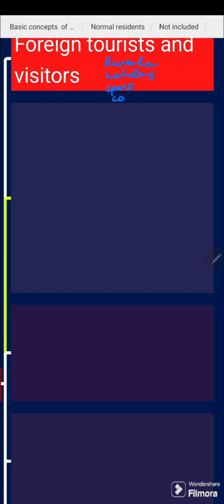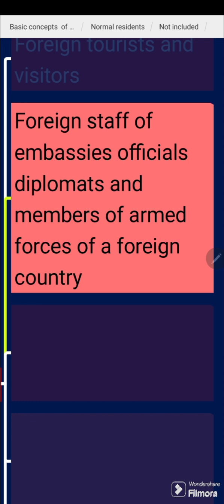If you are visiting a country for a conference or for medical treatment, these categories of people will be considered as normal residents of the country from where they are moving, not the normal residents of the country which they are visiting.